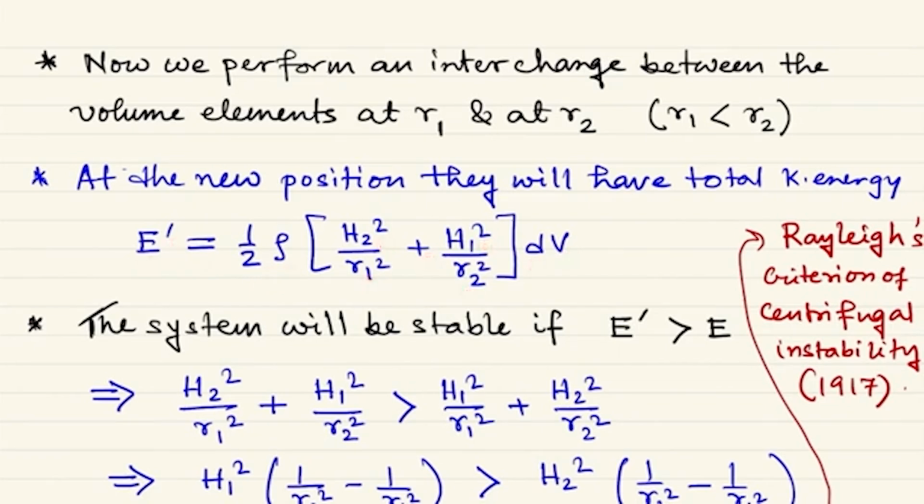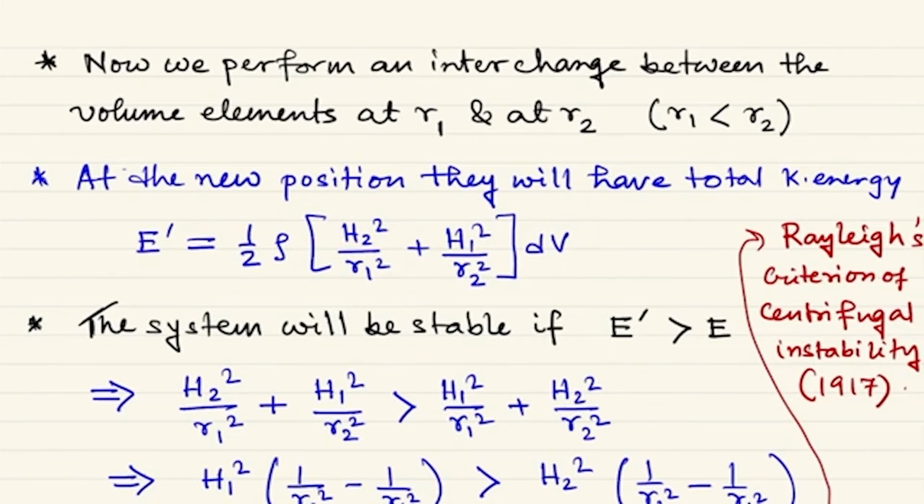Now look, these particles are just picked and put in a new position. So they will come with their instantaneous angular momentum density from before the perturbation. The question is whether they would suit the new position or not.